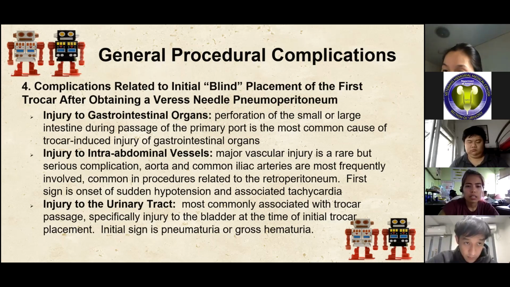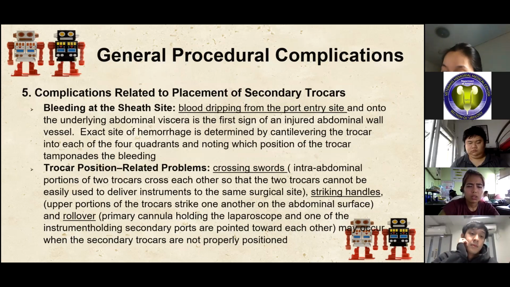Another complication is related to placement of secondary trocars, and it may show bleeding at the sheath site, and blood dripping from the port entry site into the underlying abdominal viscera is the first sign of an injured abdominal wall vessel. Next would be trocar position related problems like crossing swords, striking handles, and roll over.